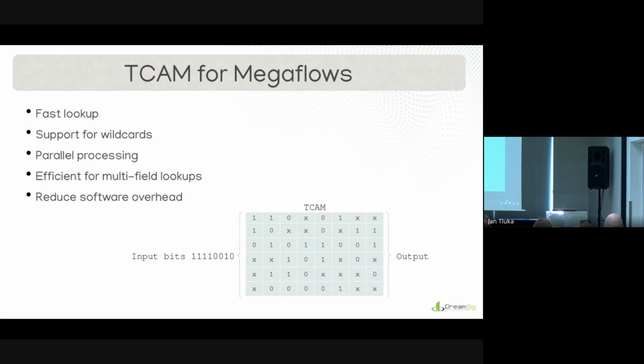So TCAM allows matching packets based on multiple header fields simultaneously. Lastly, by offloading complex matching operations to hardware, TCAM reduces the need for extensive software processing, resulting in improved system performance.